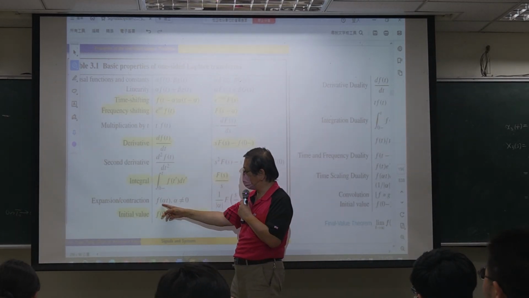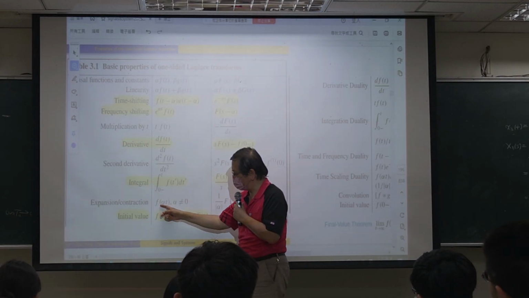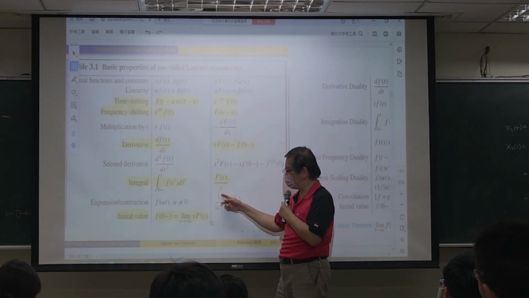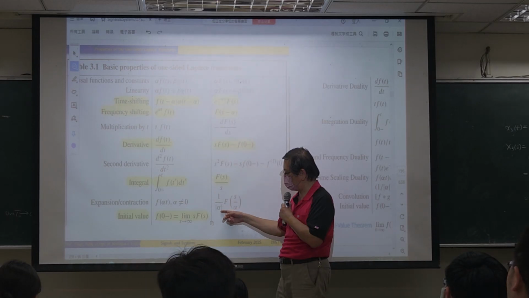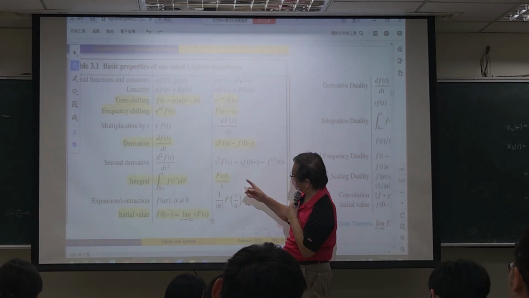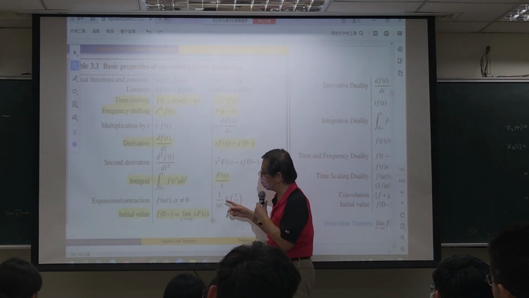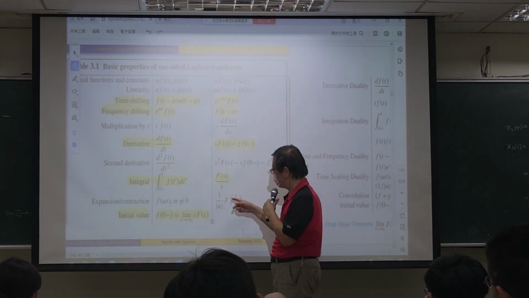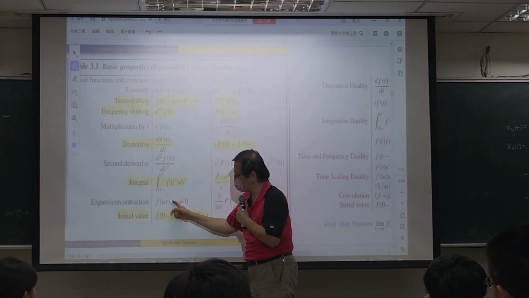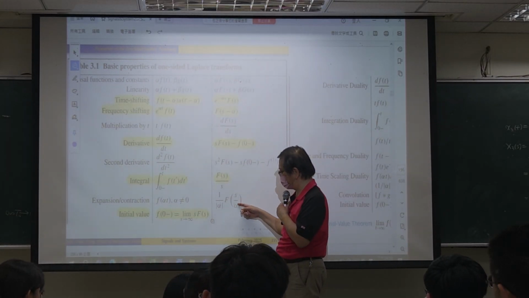Expansion and contraction: f of alpha t. If you take the Laplace transform of this function, you either expand or contract the function. The corresponding Laplace transform becomes 1 over alpha times the Laplace transform of f evaluated at s over alpha.